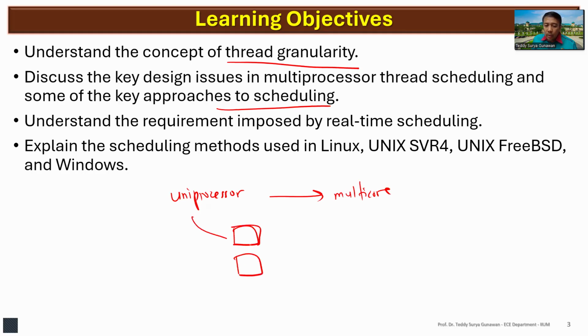So two uniprocessors combined, you have the two sockets in the motherboard, and you have here the symmetric multiprocessor. But now we have in one package, we can have the multi-cores, okay. Then real-time scheduling, RTOS, and then see the example on Linux, Unix, and the Windows.